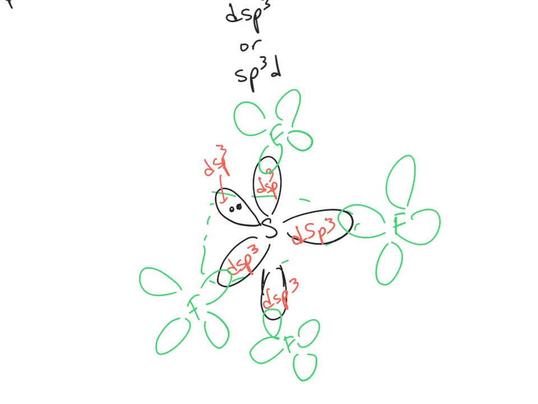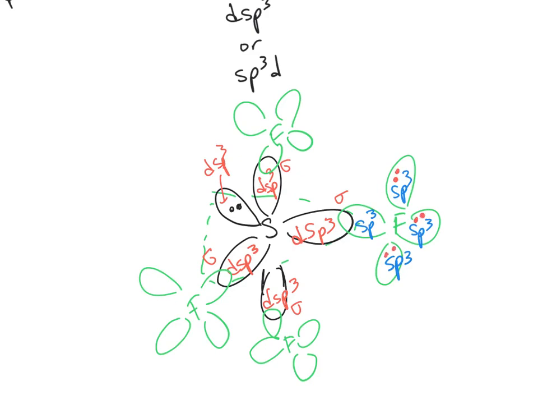Okay, and then you've got sigma bonds. 4 sigma bonds. And then you want to label the F orbitals as sp3. And then these are lone pairs.